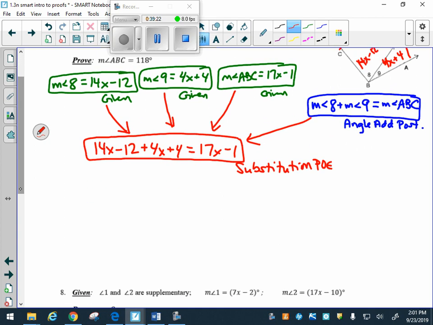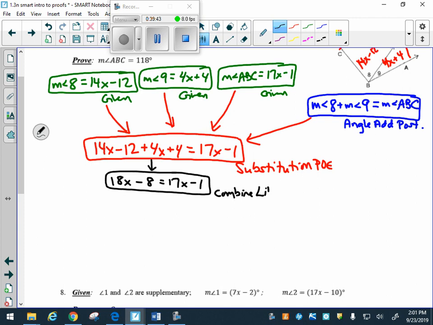Now it gets kind of boring, because now we're just going to do the algebra. 18x minus 8 equals 17x minus 1. Yep, combine like terms.